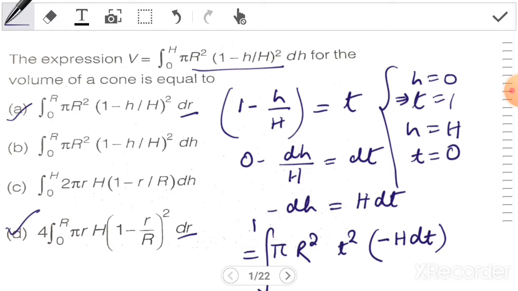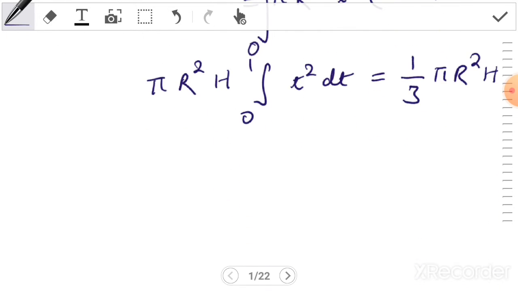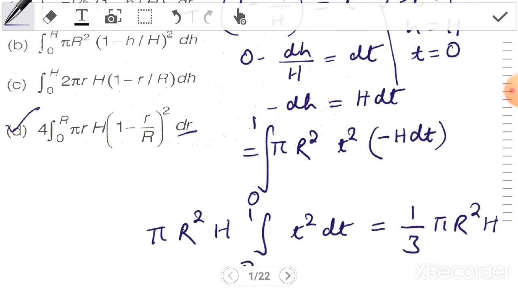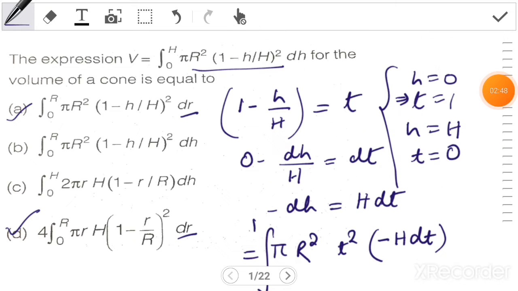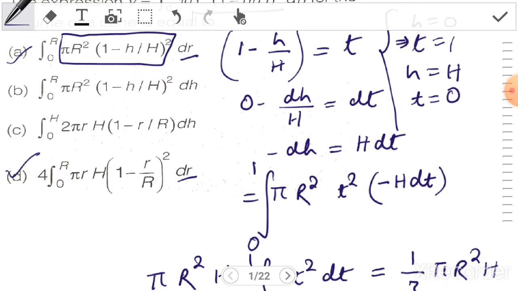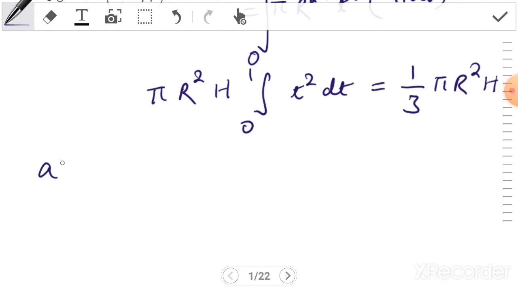So let us check first option A. While integrating with respect to small r, this all will become constant. So for the option A, we will have pi r cube times 1 minus small h by capital H whole square as the answer.